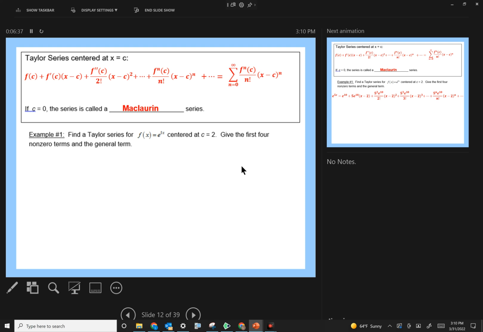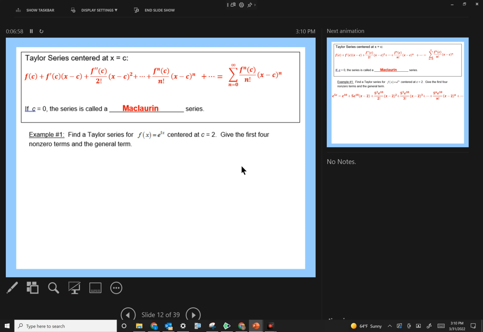Are we allowed to skip to that step, or do you have to do that? This one you could, like if you just wrote it right here, they would say, oh look, there's their general term. No, you don't have to write that.